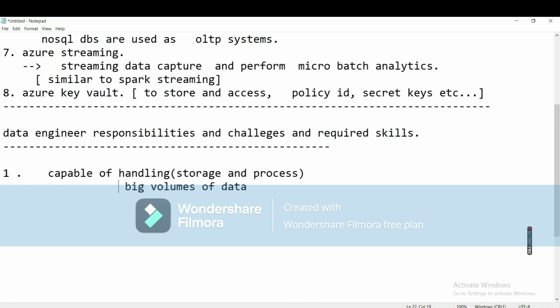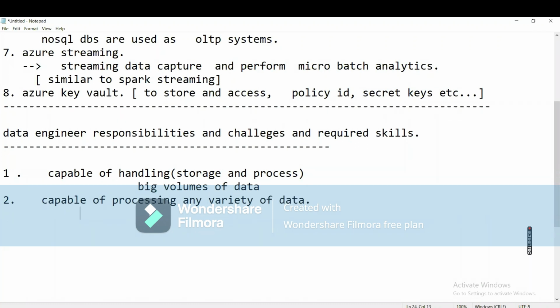Process big volumes of data. This is one thing. And the second required challenge here: capable of processing any variety of data.